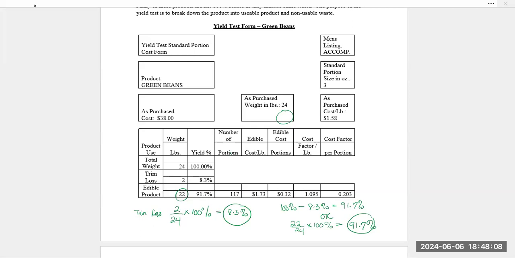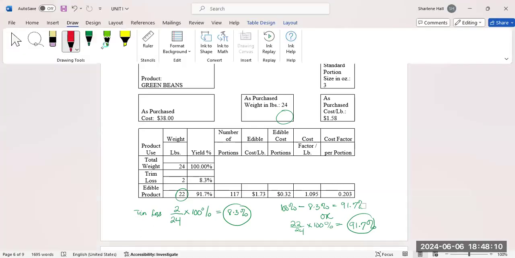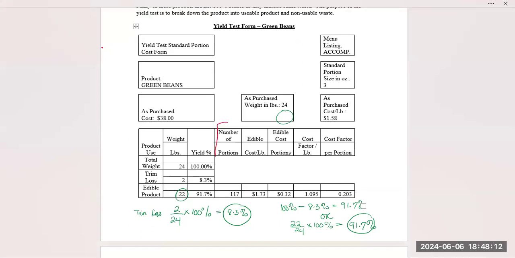It says right here, the number of portions equals 117.